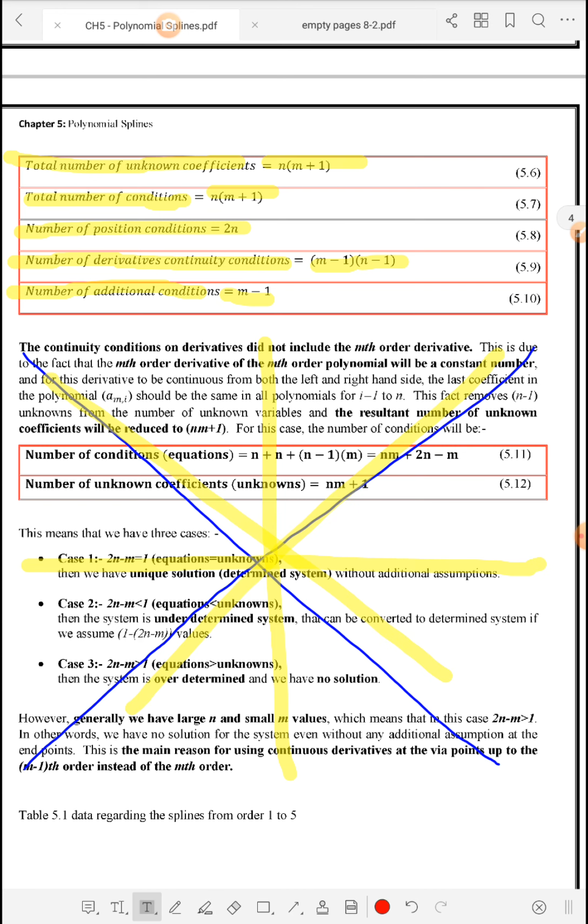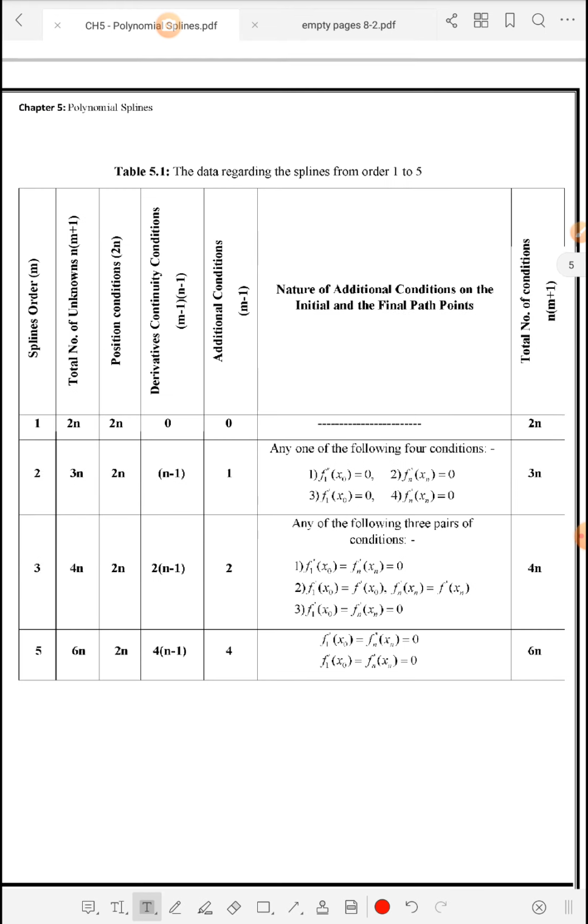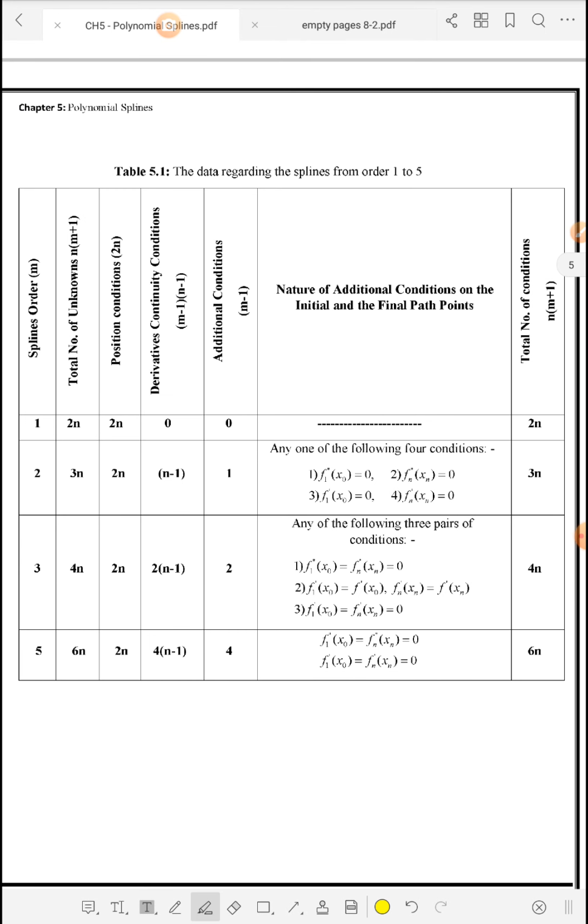Okay, and we will continue this chapter with this table. This table summarizes the previous facts: we have the spline order, the polynomial order, first, second, third, fifth. Based on the equation, the total number of unknowns will be n multiplied by m plus 1, and for each case we calculate the total number of conditions.